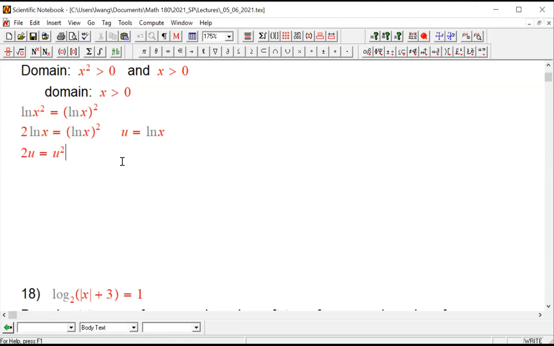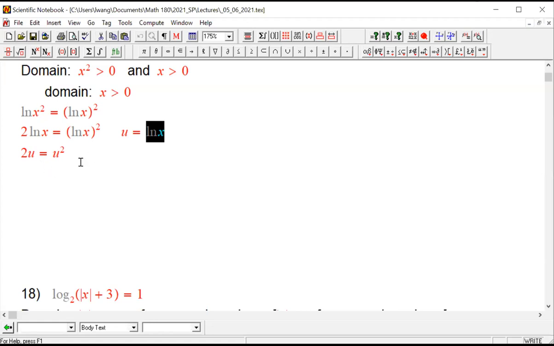Why not? Because we don't know if the u is 0 or not. U could be 0. Why? Because the range of ln x is all real numbers, including 0. So u could be 0. If u is 0, you cannot use principle number 4.